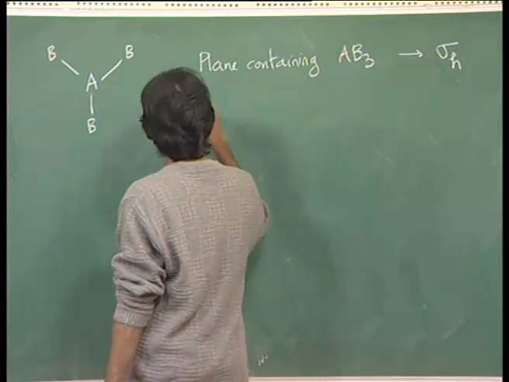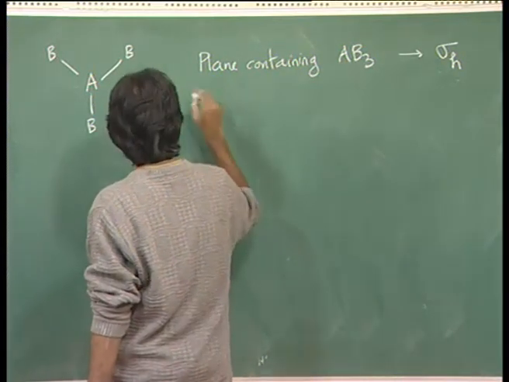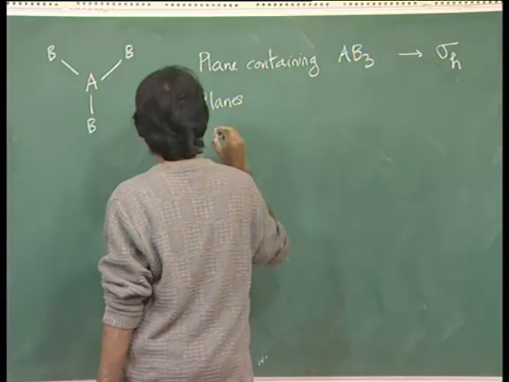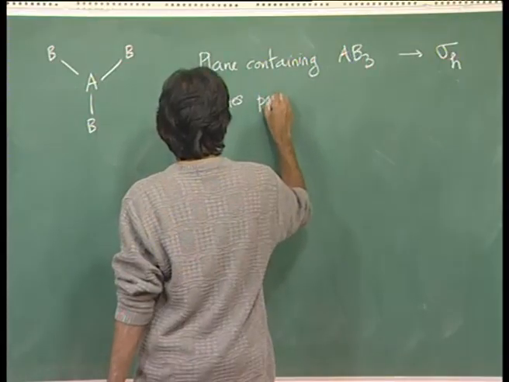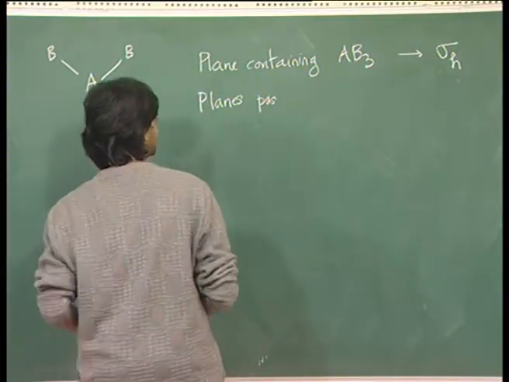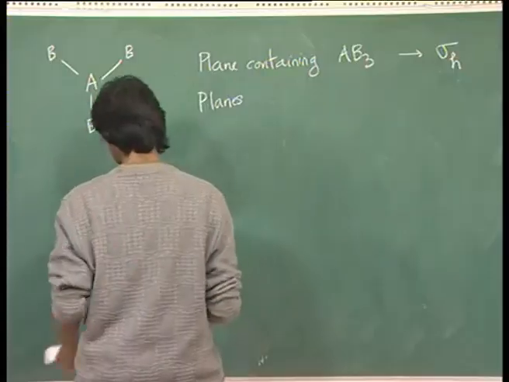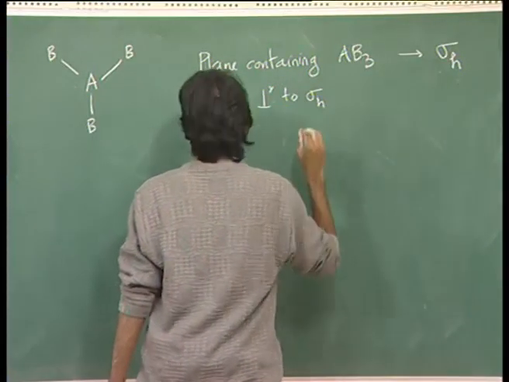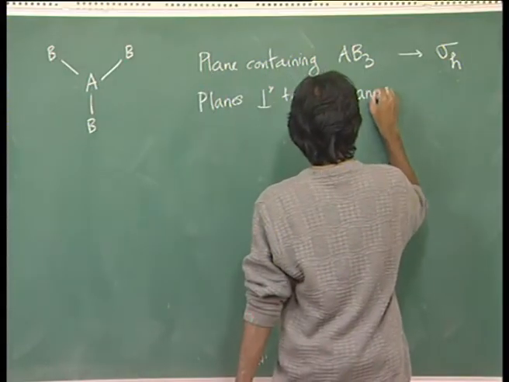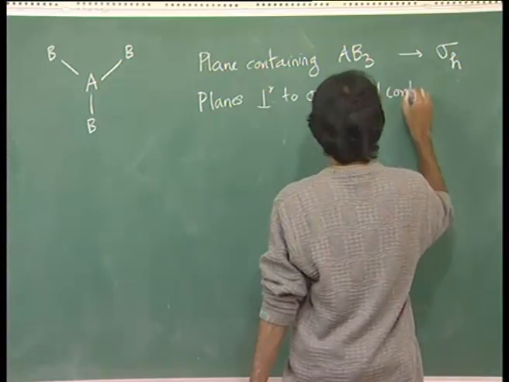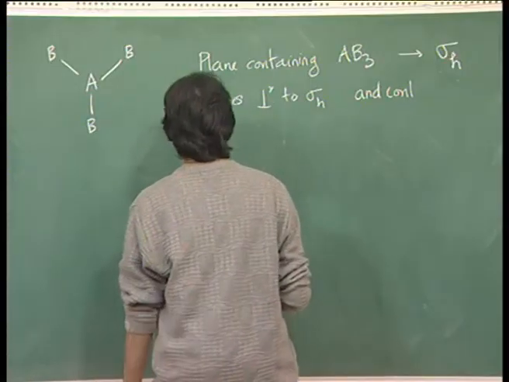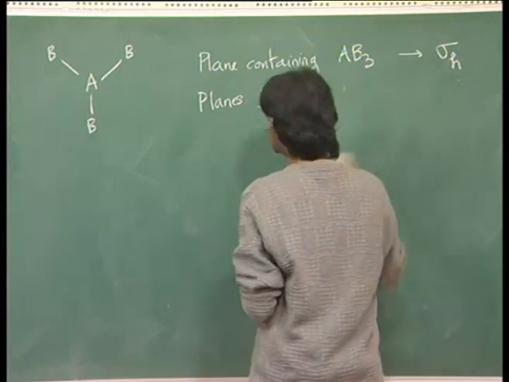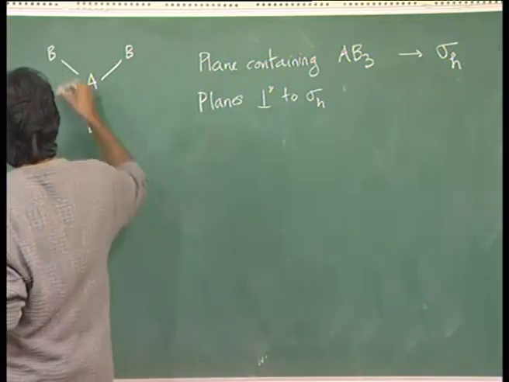Then you have planes perpendicular to sigma h, and I won't write the details, but basically there are 3 planes perpendicular to sigma h.